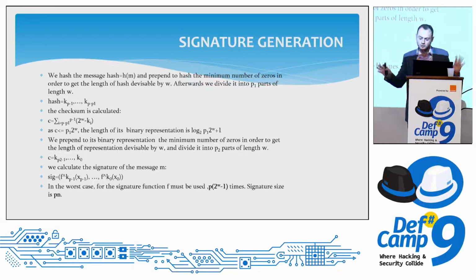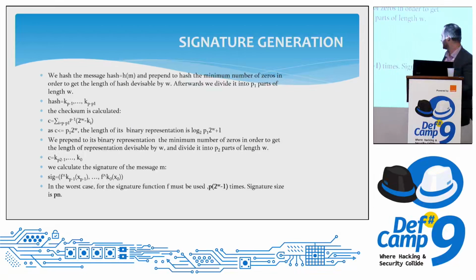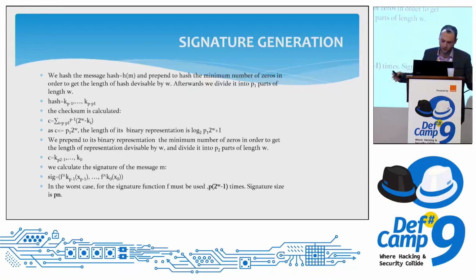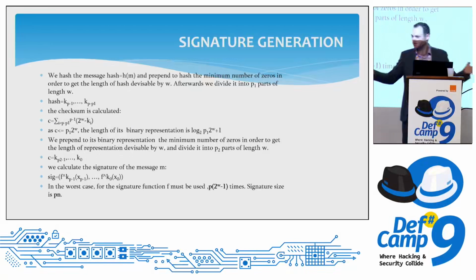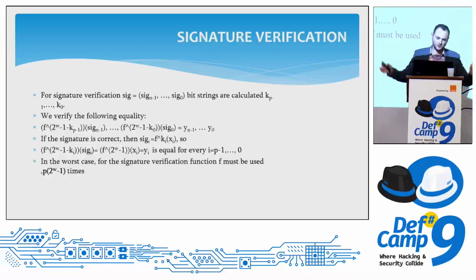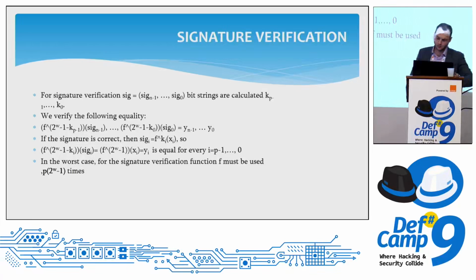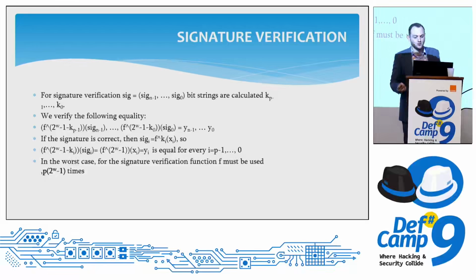And in the worst case, we use our one-way function f, p times 2 to the w minus 1 times. So let's consider the worst case. And the signature size, as we said, is pn. We made the analysis, it's less, but it depends on something, and of course it loses efficiency.